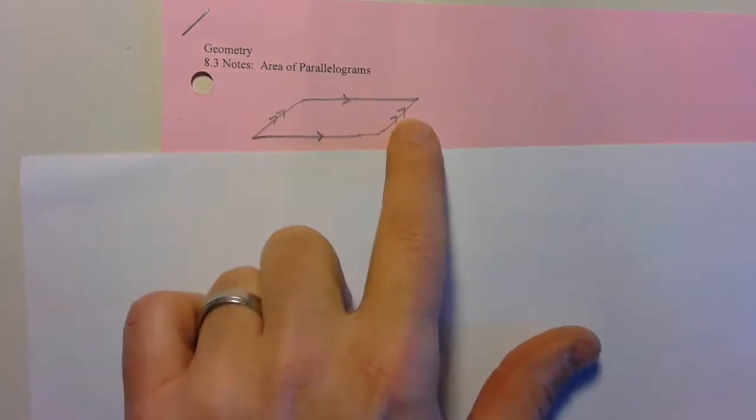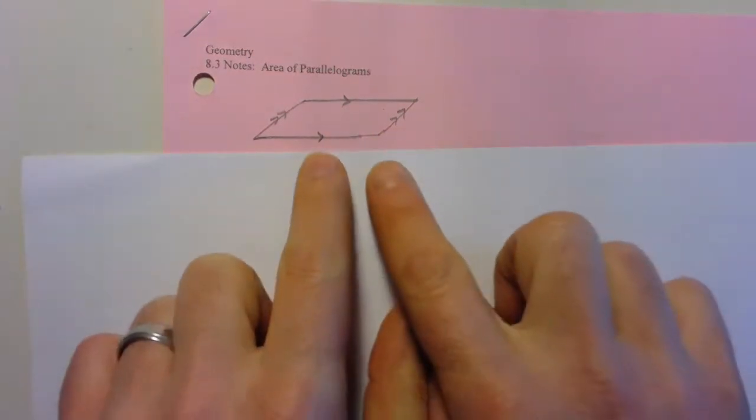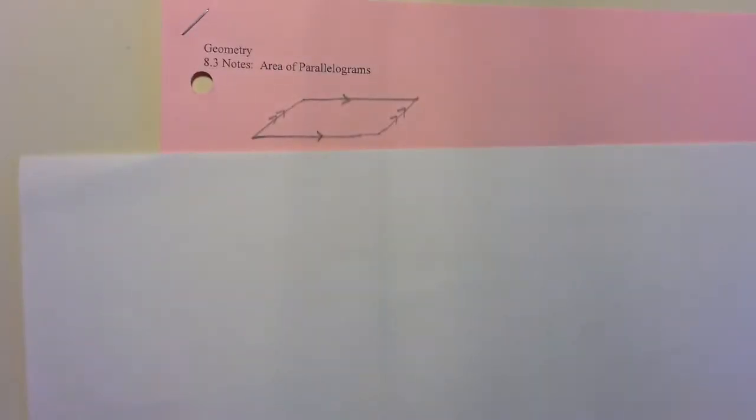One of the main differences is that our two sides are not perpendicular to each other. So if we were just going to take this side times this side, that's not going to find us the area anymore because they're not perpendicular to each other. And that was one of the key things when we did rectangles, that the base and height were perpendicular.